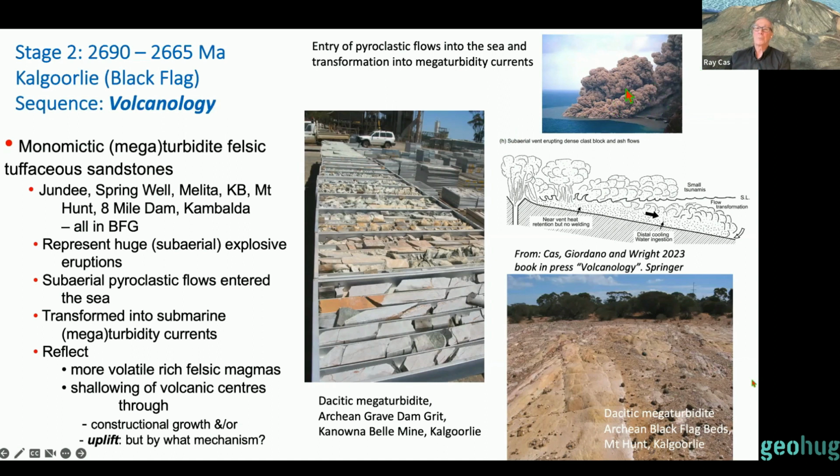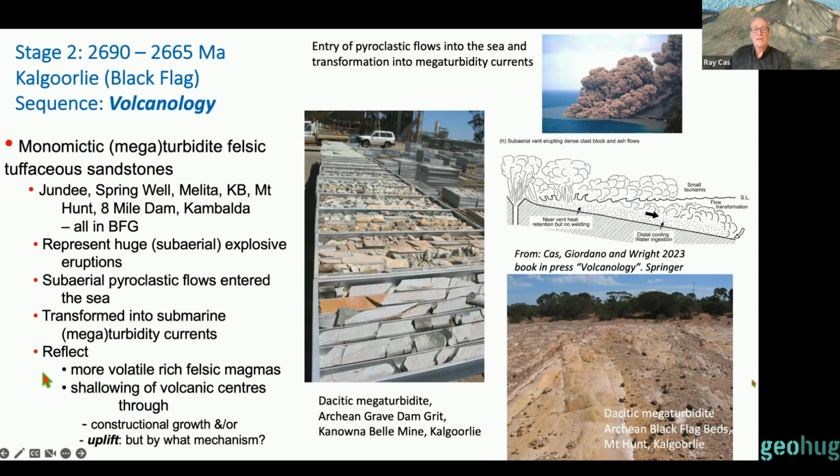basin, where these hot pyroclastic flows then ingested water and transformed into large megaturbidity currents that then deposited these thick, massive, variably graded beds of tufaceous volcanic sandstone at various locations along the terrane.